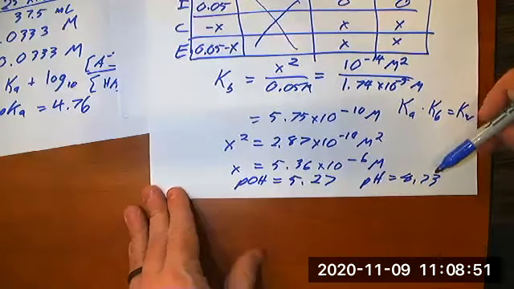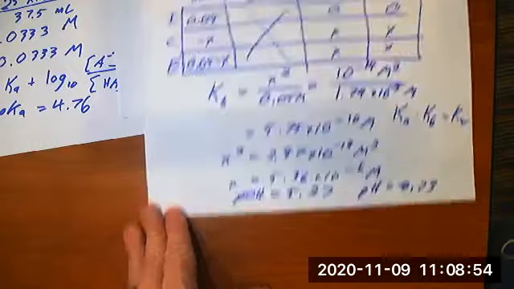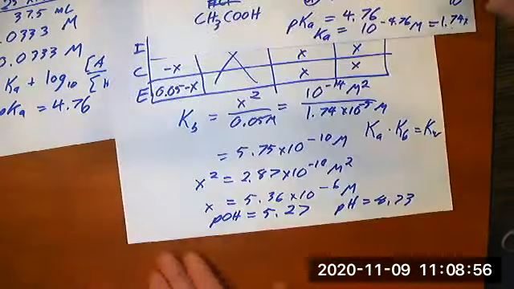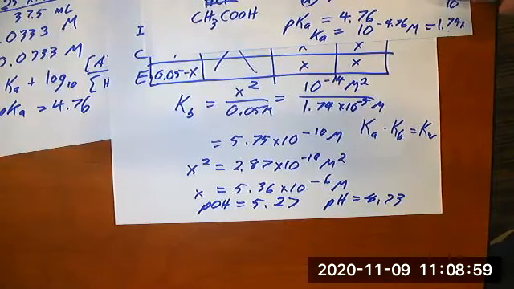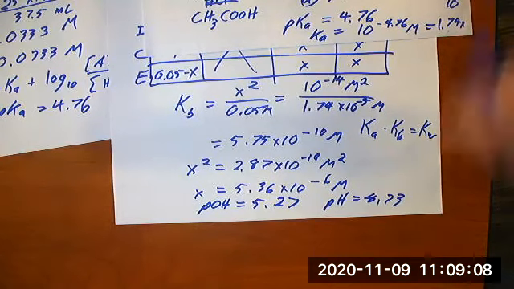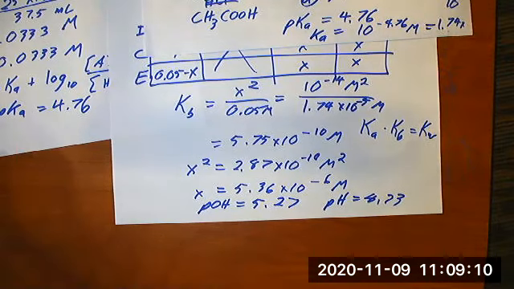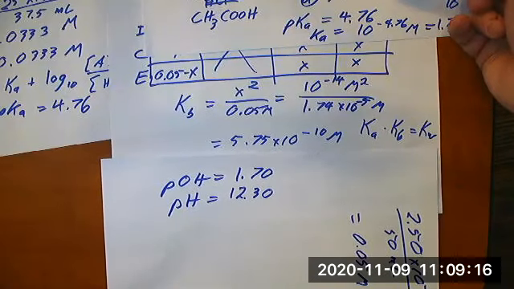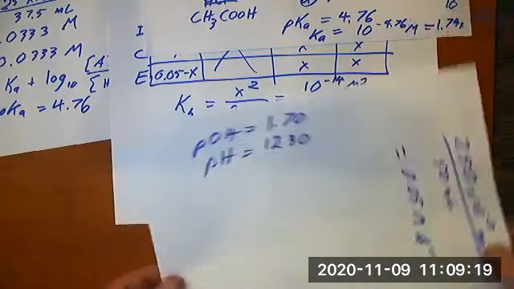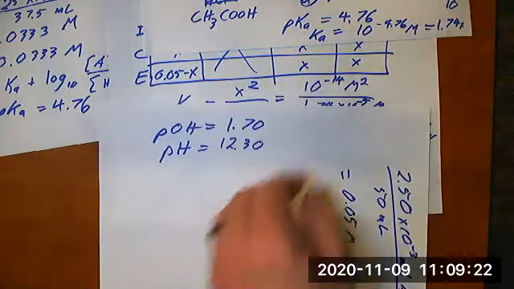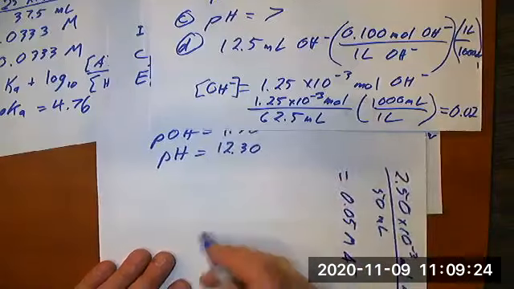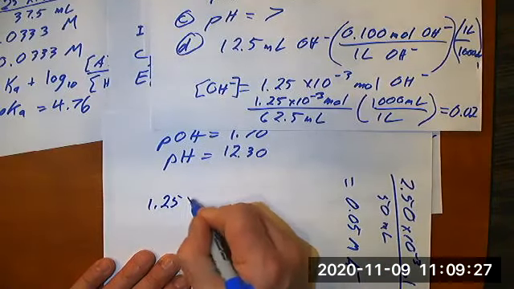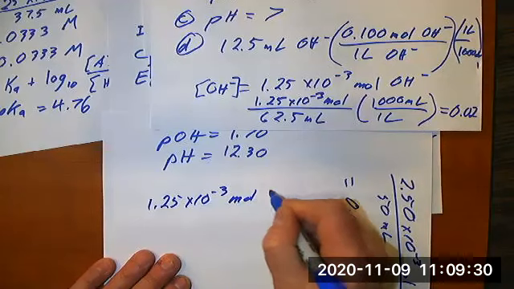So that's how you determine the pH at the equivalence point. How about once you pass the equivalence point? Well, once you pass the equivalence point, then you're essentially just dealing with the amount of base in excess of the equivalence point that has been added. So we know how much base gets added going from 25 mils to 37.5 mils. We calculated that earlier as 1.25 times 10 to the minus 3 moles of OH minus.